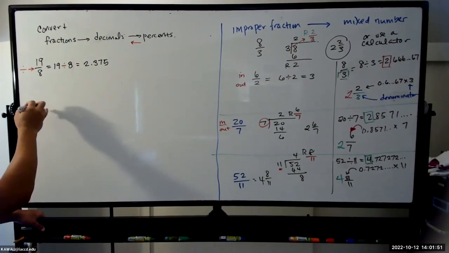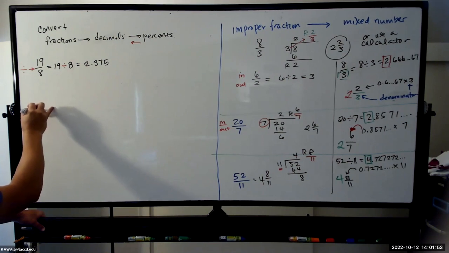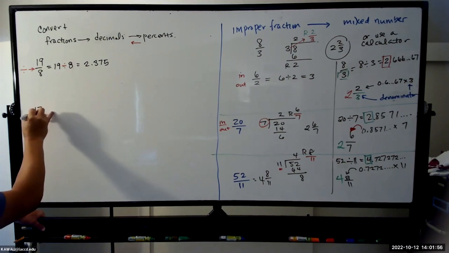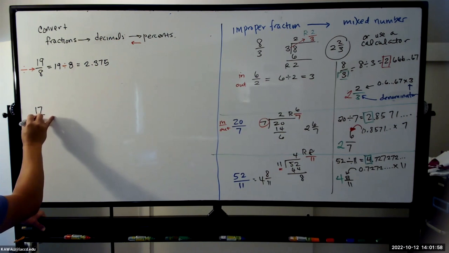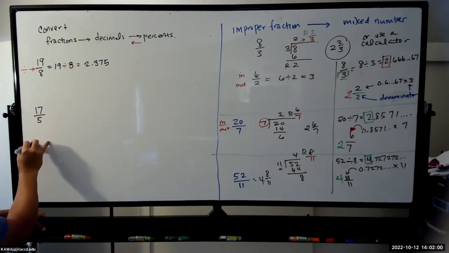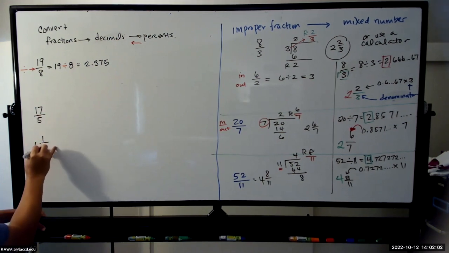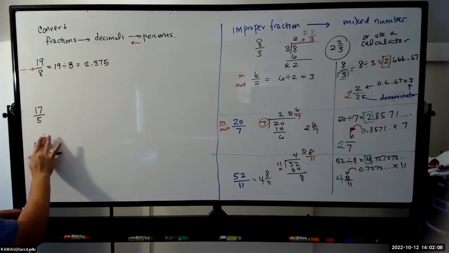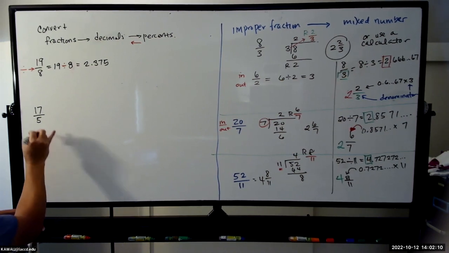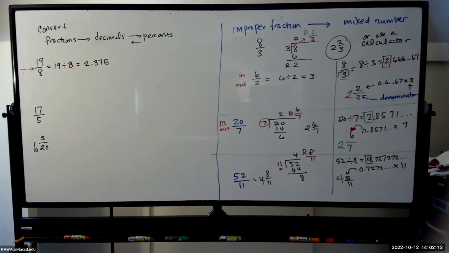Let me give you a few more to try. Let's try 17/5, and then something like 6 and 3/20. Try both of those.